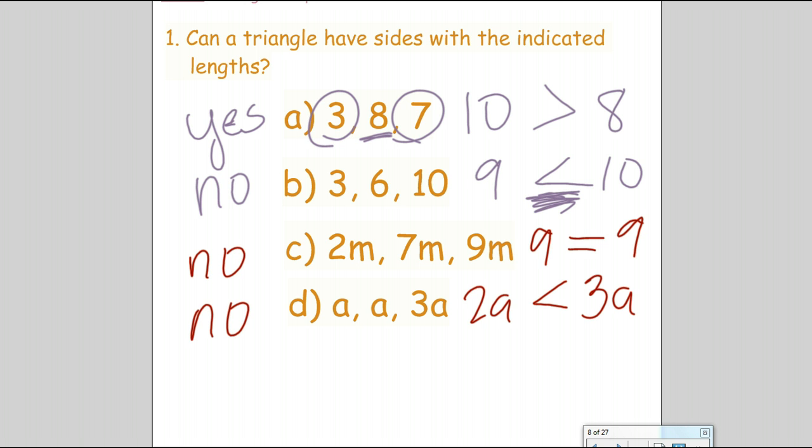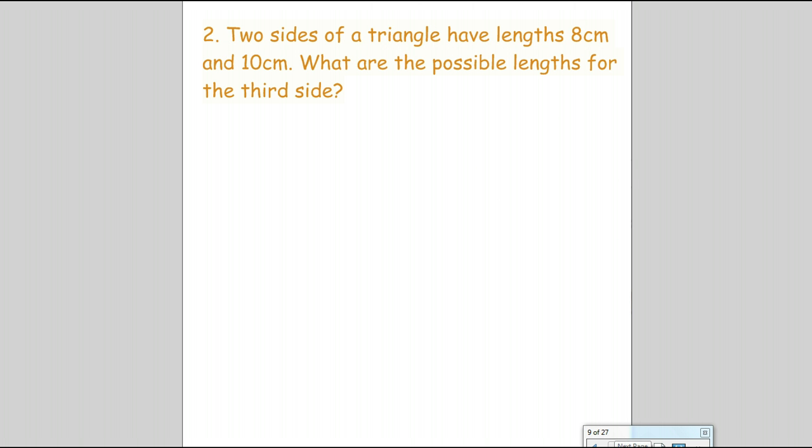Okay? 2 sides of a triangle have lengths 8 and 10. What could be the lengths of the third side? Ashley, give me a length you think the third side could be, and we'll find out if it'll work. Just give me a length. Not Kendall, Ashley. 18. Okay, could the third side be 18?